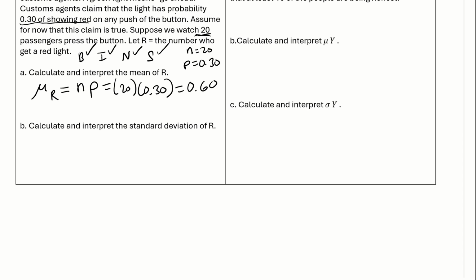That gives 6. No, I'm sorry, 6, not 0.60. All right, so let's interpret that.